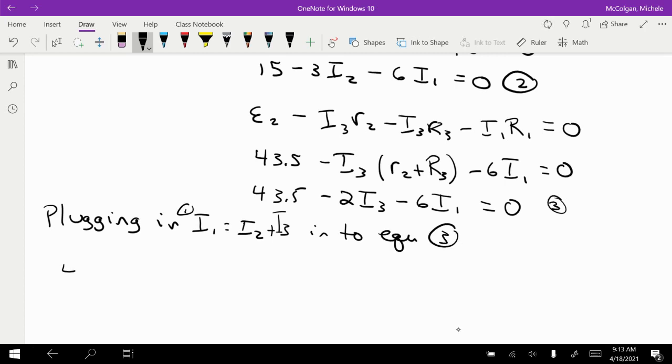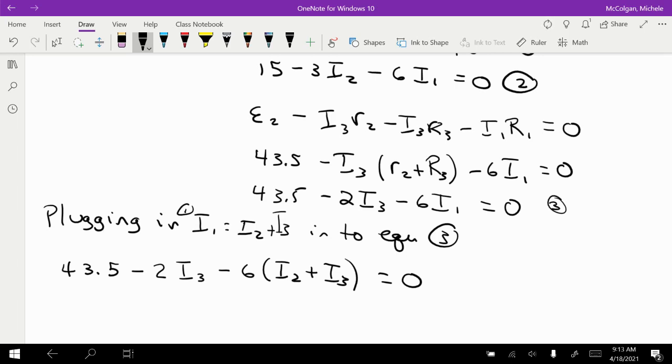I get 43.7 or 43.5 minus 2I3 minus 6, and then I2 plus I3 equals 0. Okay, and so why did I do that? Well, if I look back at equation 2, equation 2 just has I2 and I1 in it.